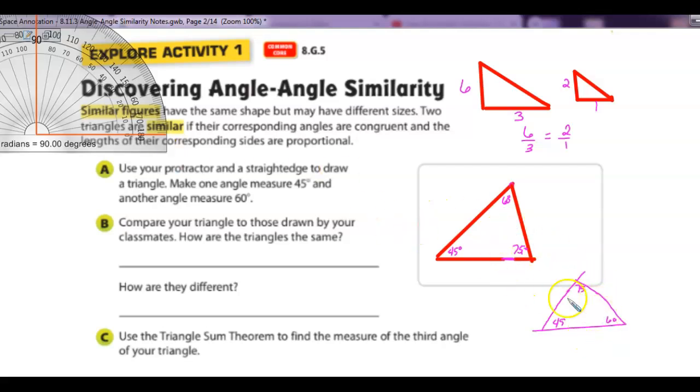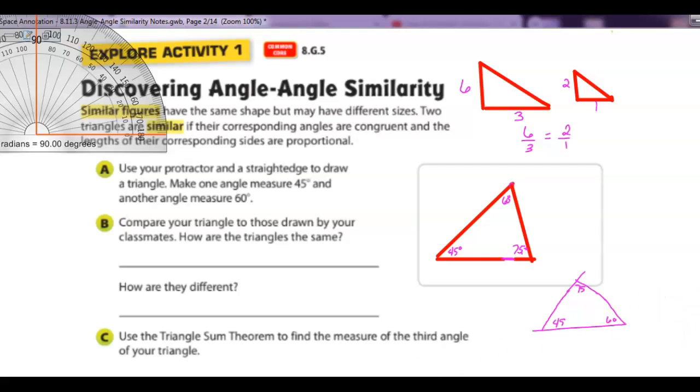If I had used the protractor, they'd be exactly the same triangle. So maybe they're facing a different direction, or maybe they have the numbers in a different order. Maybe you decided to do 60 on this side and 45 up here, and then that would have been 75. So just how they're different is just by how we place them.